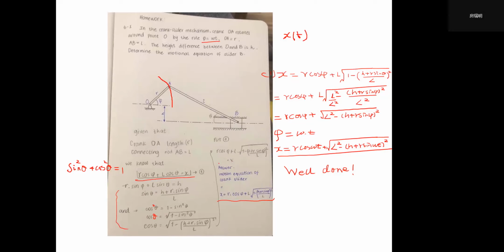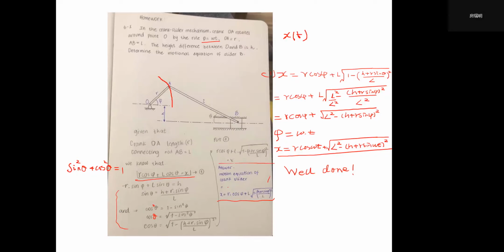From this one, maybe we think it is not the same answer as what we got from the last page, but actually it is. So we can simplify. I have written the final result here, so we have L times the square root of 1 minus this. But we can try to simplify.